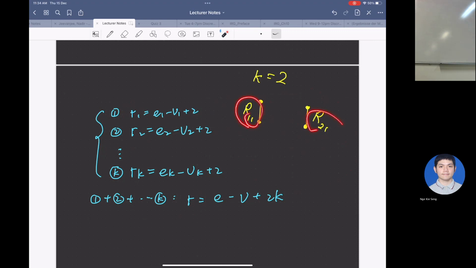In this one it has one region, and this one has two.